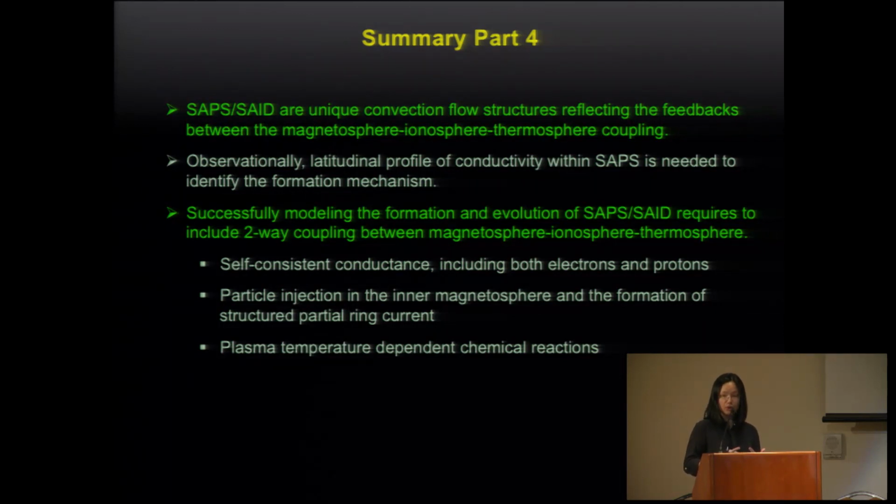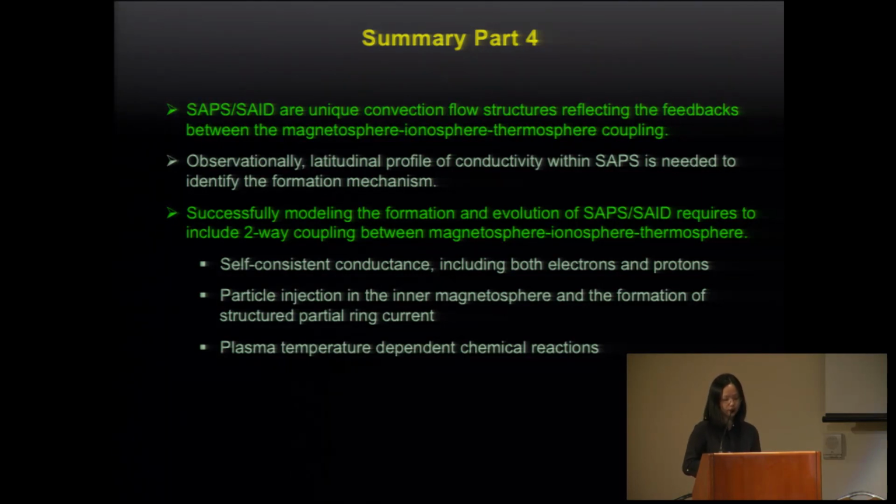The latitudinal profile of the region 2 field line currents and the convection are relatively easier because of the availability of large scale measurements, like AMPERE or SuperDARN, but the conductivity is difficult.